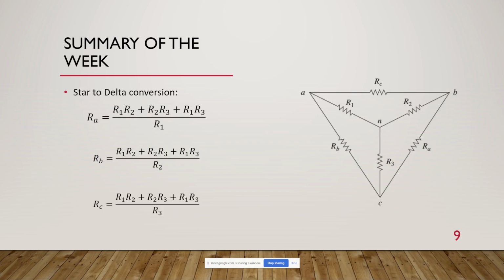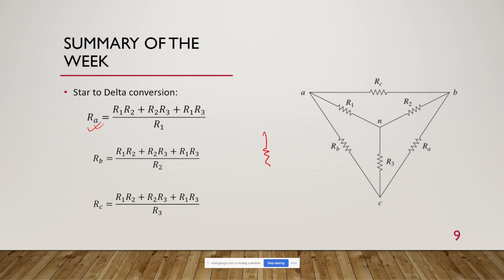Okay, moving ahead. So this is very important. You should be able to convert delta to star and star to delta, right? For that there was a messy derivation, and the final result is very simple. If you want to convert a star connection to a delta connection, that is, find the equivalent resistors, you are given a star connection like this.